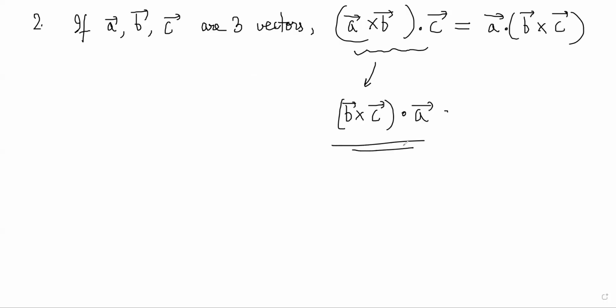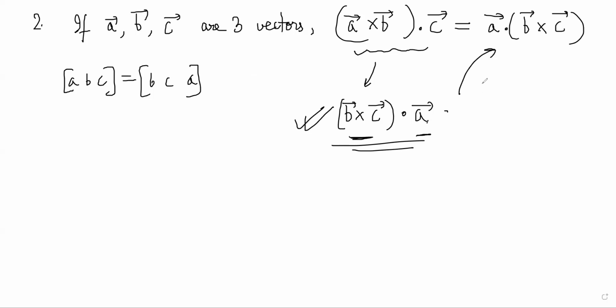So obviously, we already know that ABC is equal to BCA, right? And now think about it. If you write it like this, it is the dot product of two vectors. So obviously I can reverse the order of it, right? Dot product is commutative. So this can be written as A dot B cross C, right? So that is the more standard way of writing it. A dot B cross C is your standard way of writing the box product, right?